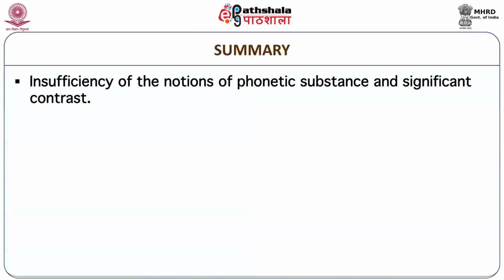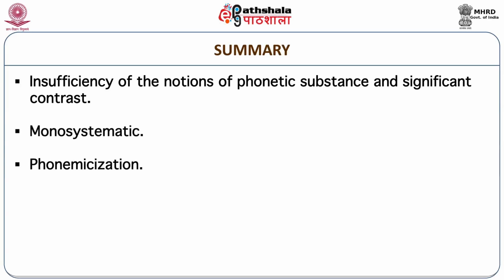In this module, we have looked closely at some of the problems in phonemic analysis, such as the notions of phonetic substance and significant contrast, which are found to be insufficient, monosystematicity, phonemicization, principle of bi-uniqueness, and separation of levels. These are some of the issues that were found to be problematic.